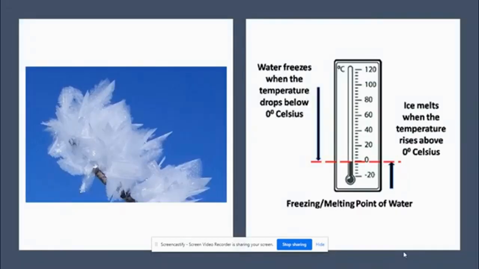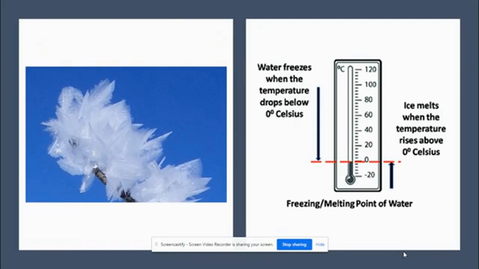And then water freezes when the temperature drops below 0 degrees Celsius. Now, the temperature might go lower than 0 degrees Celsius, but it's at 0 degrees that water will change from a liquid to a solid.